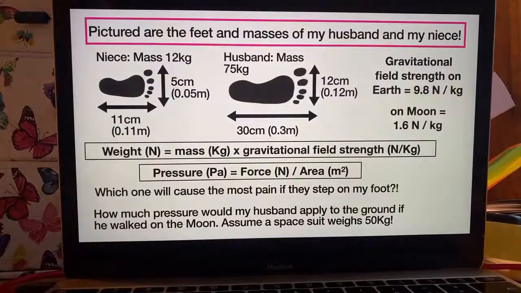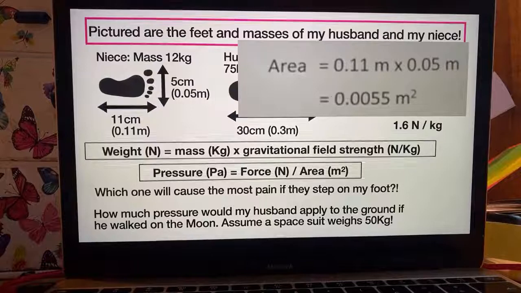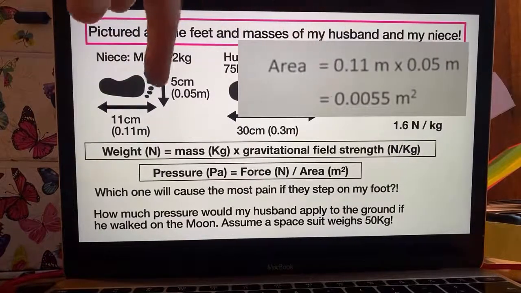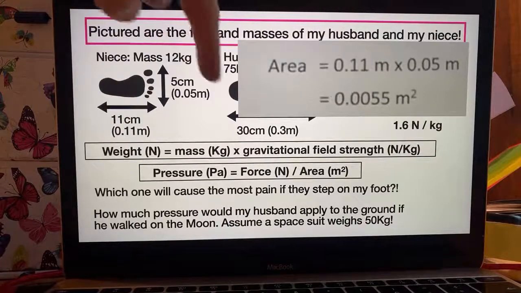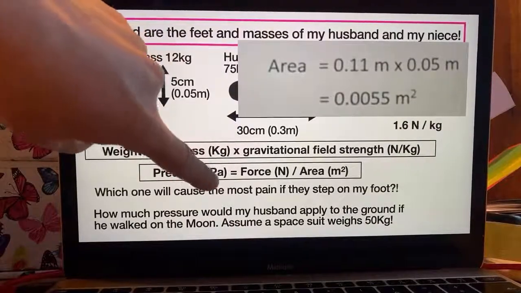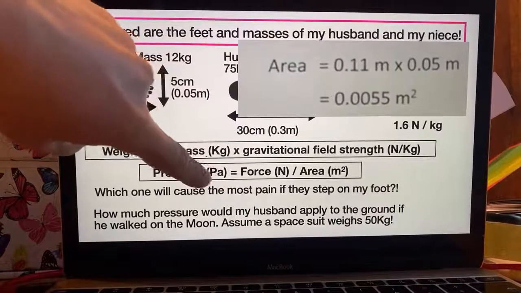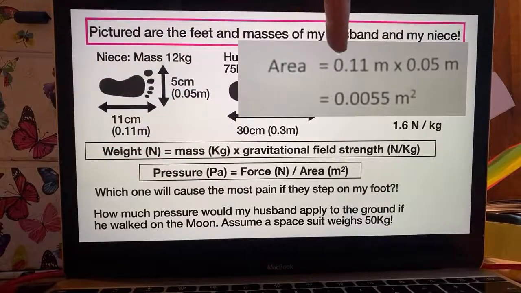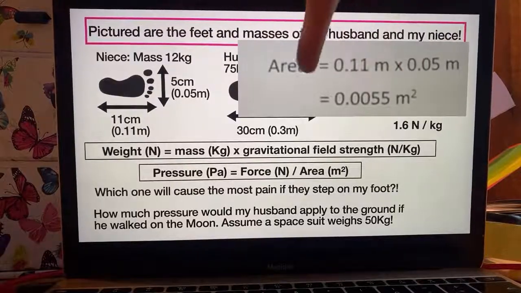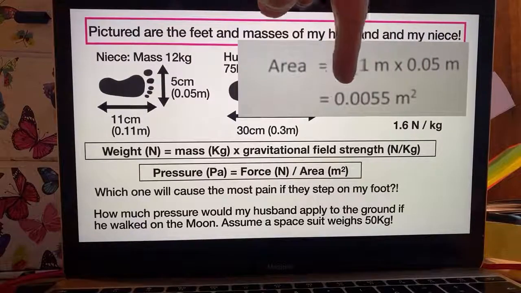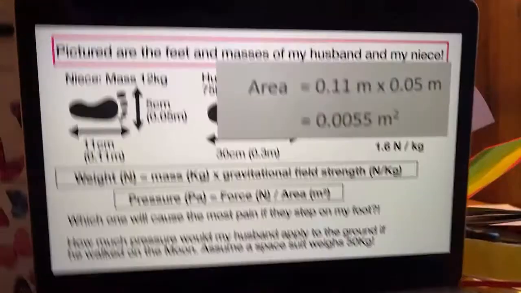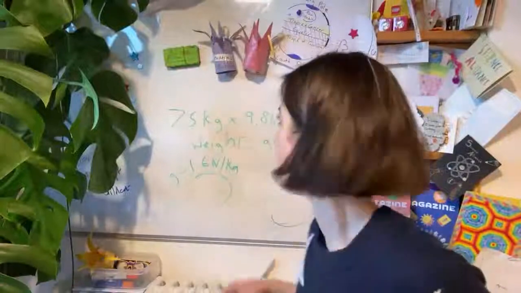Remember to use meters because we're getting our result in pascals, which is newtons per meter squared. So it's 0.11 meters times 0.05 meters, which gives me an area of her foot of 0.0055 meters squared. Phew, well done if you got that.